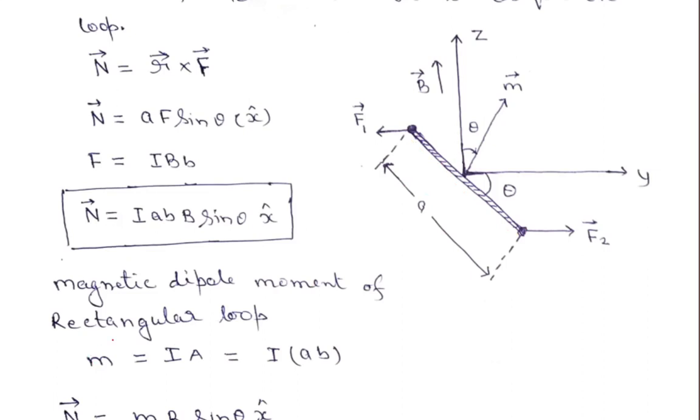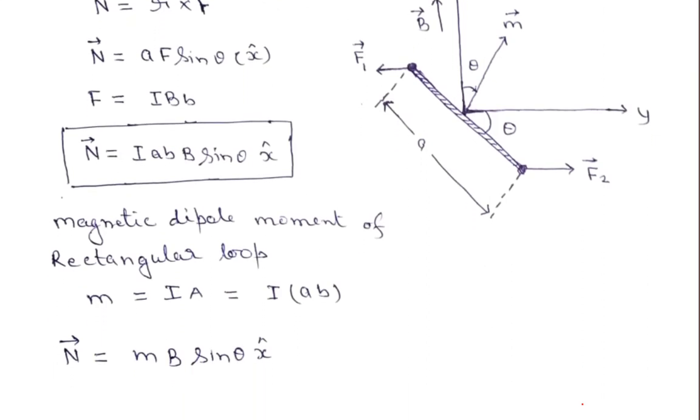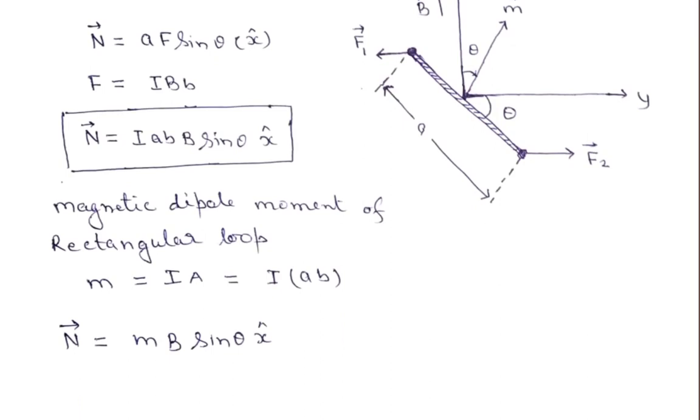So the magnetic moment will be equal to I into ab. If you write the torque in terms of the magnetic dipole moment, the torque will be equal to m B sine theta x unit vector. So this will be the torque on the dipole.